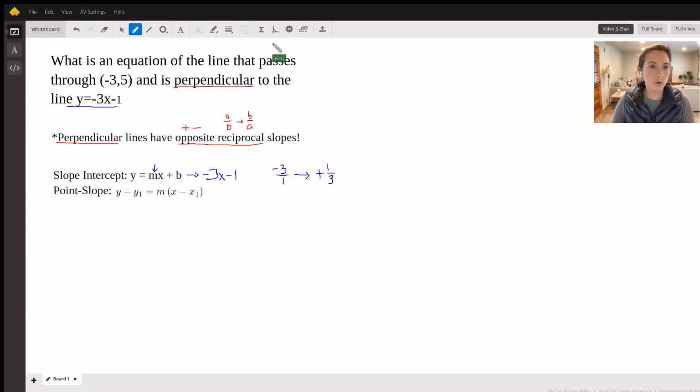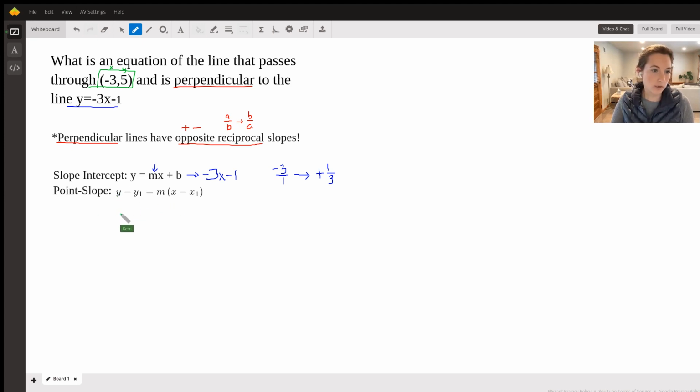And I also know that there is a point that I am given. -3 and 5. Okay. And then this is going to be an x and 5 will be the y. So you can do this problem using slope-intercept form, or an easier way to do that is going to be to use the point-slope form of an equation since we know a point.